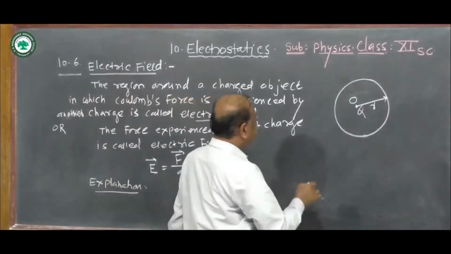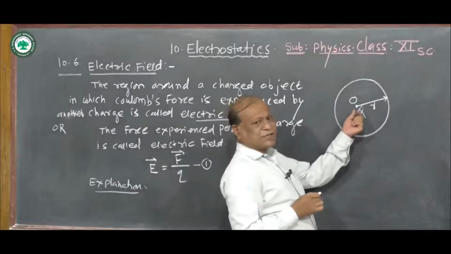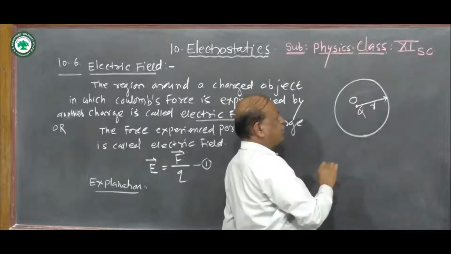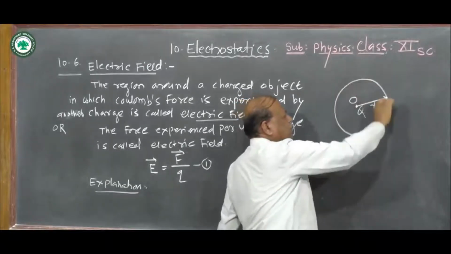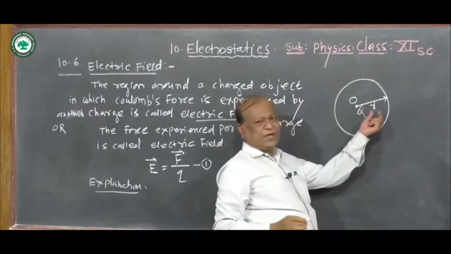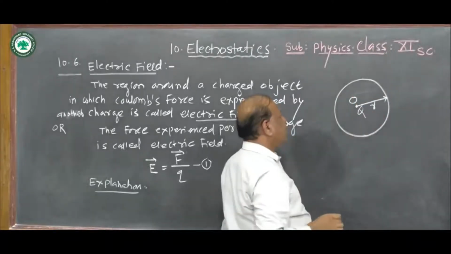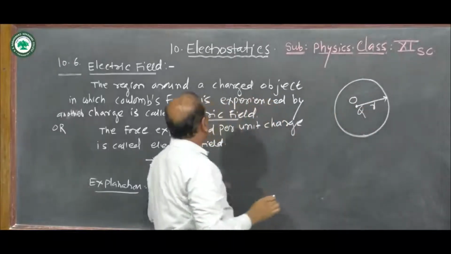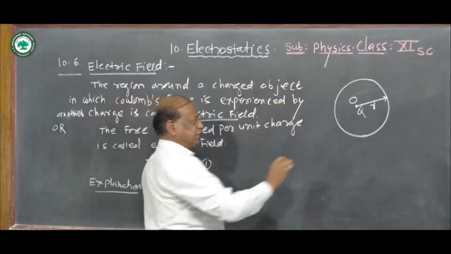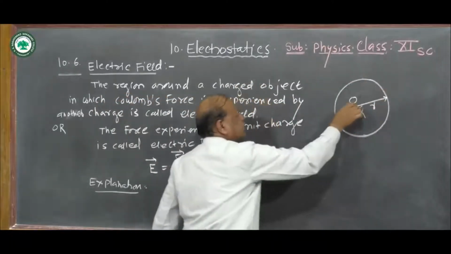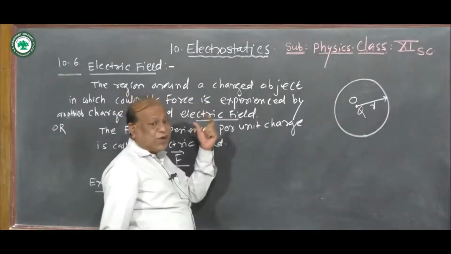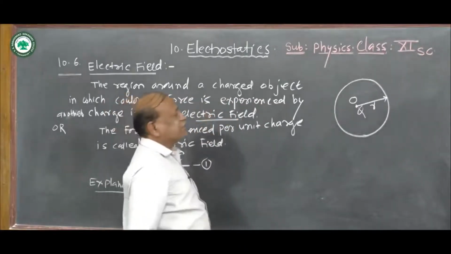Consider charge Q, situated at point O, and draw a sphere or circle of radius R. According to the definition, the region around a charged object in which Coulomb's force is experienced by another charge.